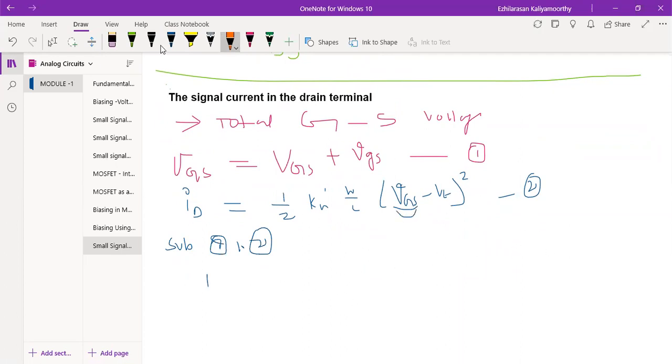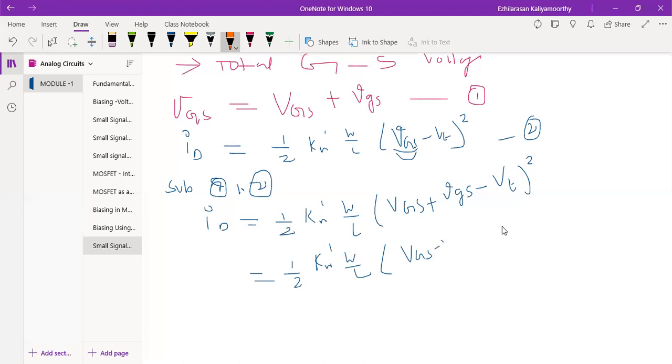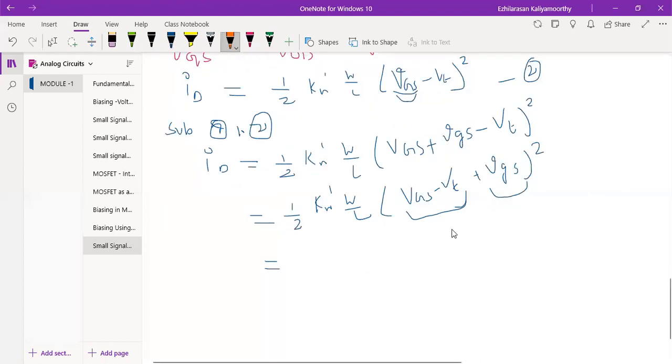So what I'll get now, ID will be equal to 1 by 2 Kn dash W by L. Now VGS is nothing but capital VGS plus small vgs minus VT. This term we can consider as A. This you consider as B.